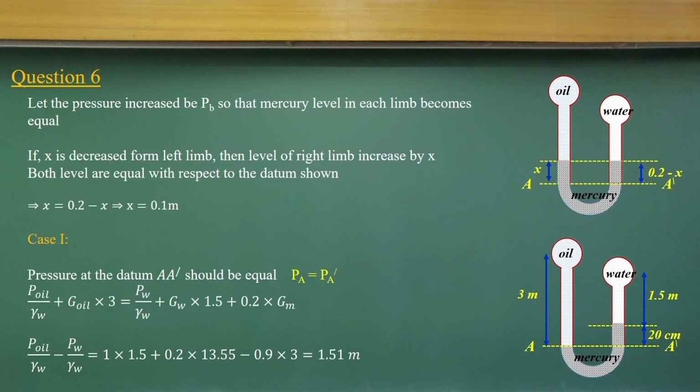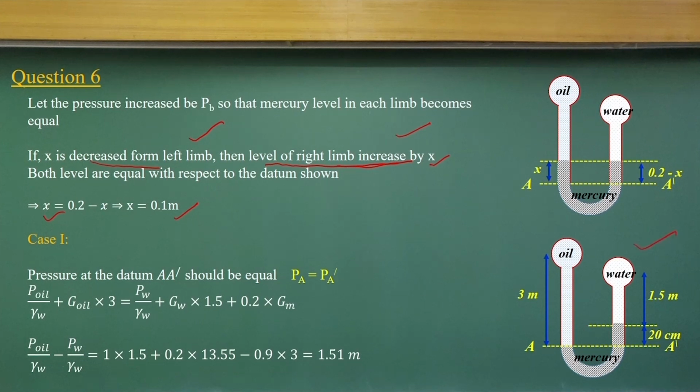Now we apply it for the first case. To remain at the perfect level, x will decrease in the left limb and the right limb will increase by the x value. So x comes out to be 0.1 meters. Now I am equating the pressures P dash.